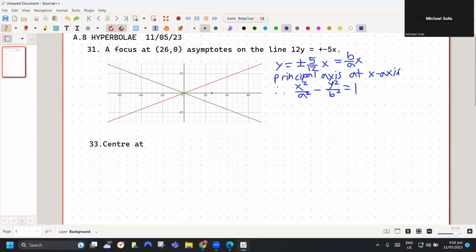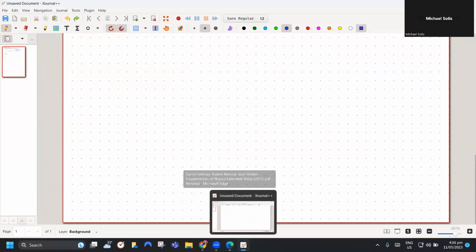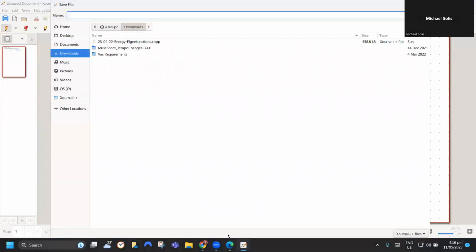Di ba pag merong fraction B over A, for example, B over A is equal to 2, it does not necessarily mean that B is equal to 2, A is equal to 1.